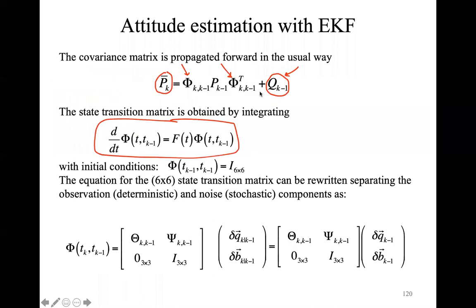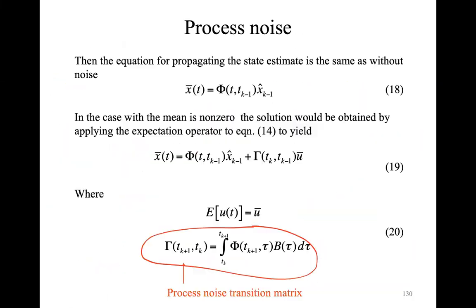The propagation of the error due to the quaternion is implicitly in Q. But as I said during the lecture, the propagation of Q is only roughly explained: if you want to propagate Q, you should use the matrix gamma. So you need to do the integral of phi times the matrix G, which is the matrix that connects delta Q to delta B. This part of the process noise is only for your knowledge.